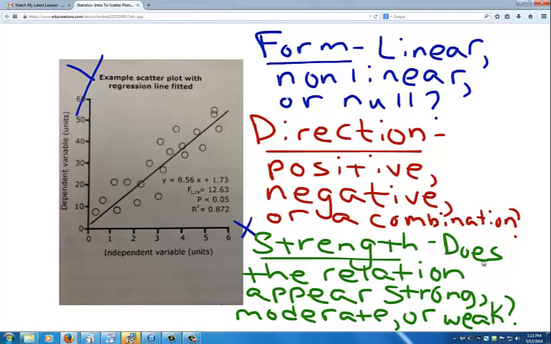And when analyzing the scatter plot's strength, we look to see whether the relation appears to be strong, moderate, or weak. We also look for unusual features such as outliers. An outlier will appear as a point situated away from the overall pattern of the graph.